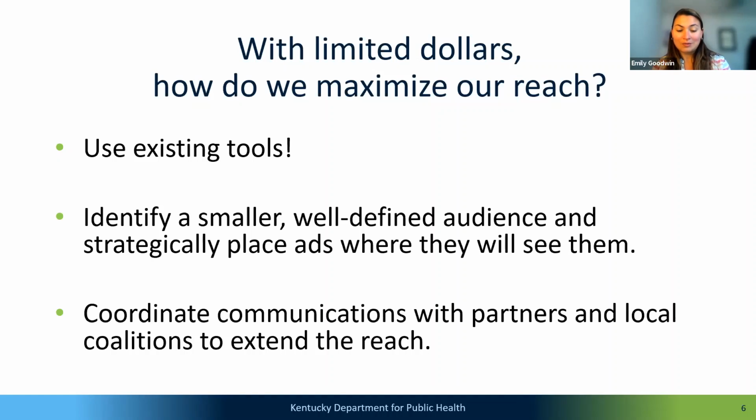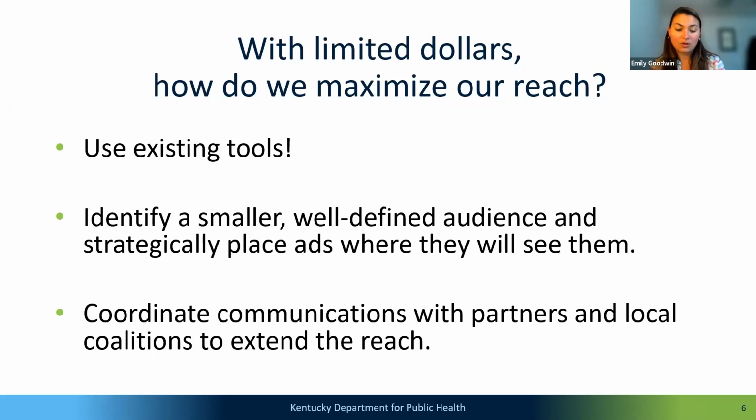Something else that you can do is identify a smaller, well-defined audience and then strategically place ads where those people will see them. For example, if you're able to do that in your schools, you can place ads in the schools, around the youth centers. I believe that's allowed in the Friskies and things like that. Or just wherever your people will be able to see them, that smaller population.